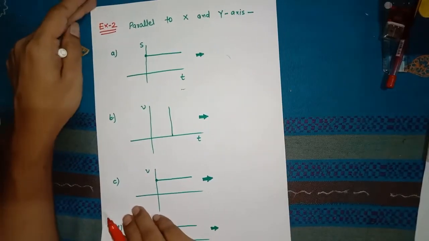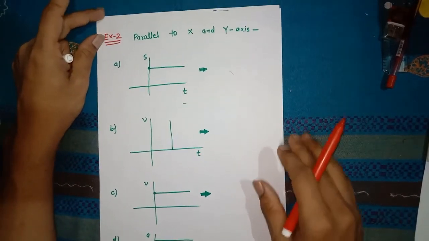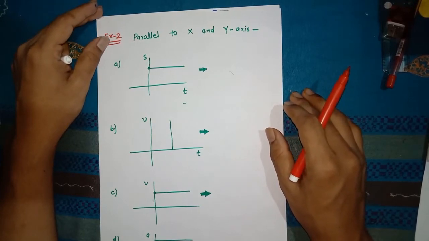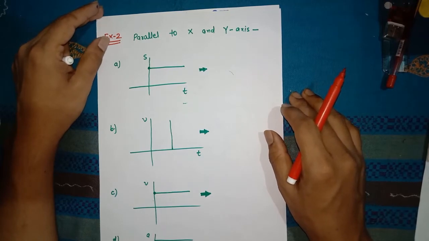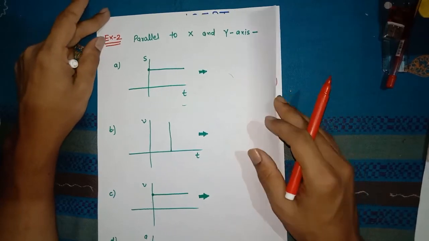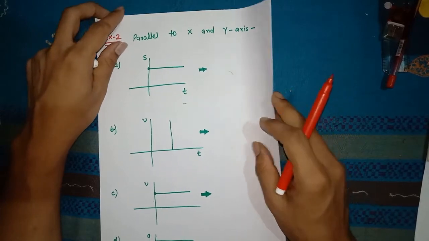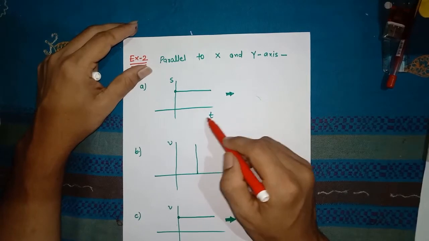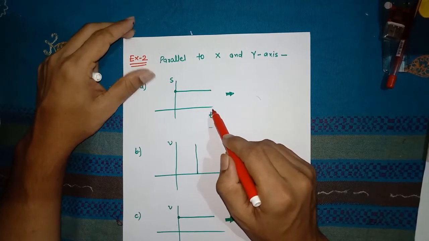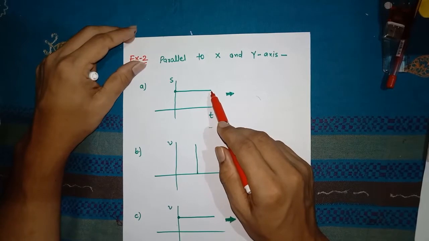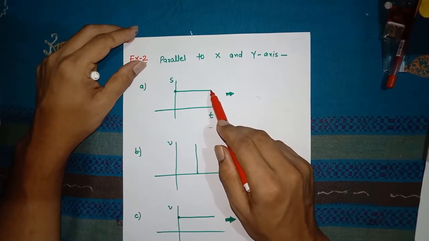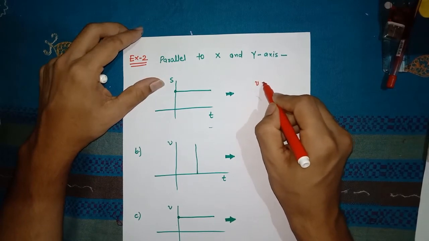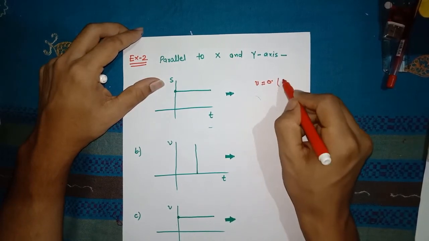Now the next example I give you is when the graph has lines parallel to the x or y axis. What do you mean by that? I took an ST graph and the graph is parallel to the time axis, or x-axis. It means it has zero slope, and it also means that the speed, or you can say velocity, is zero because slope is zero.